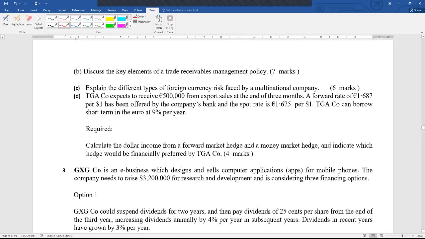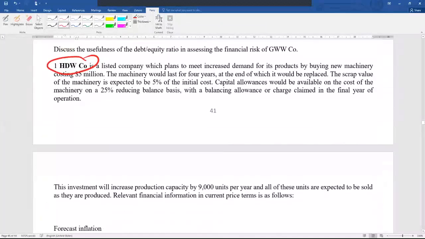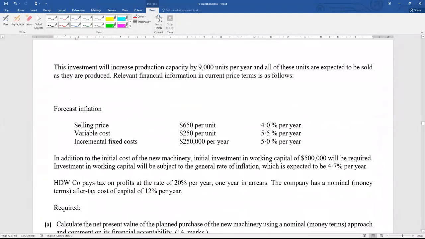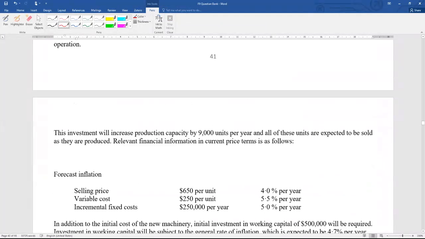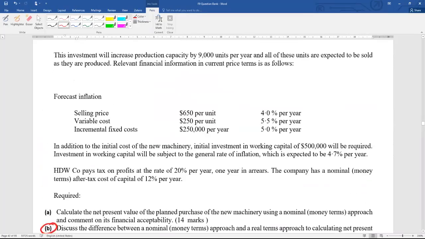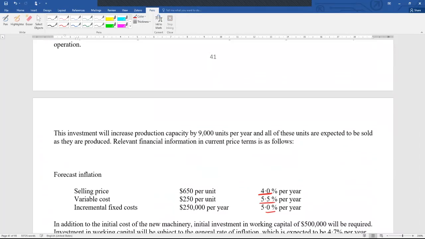Okay, now I want us to look at a question where we have a specific rate of inflation. This is HDW, page 41, 42. Here the rate of inflation is specific: the selling price is 4%, variable cost 5.5%, fixed cost 5%, and working capital at a different rate altogether.